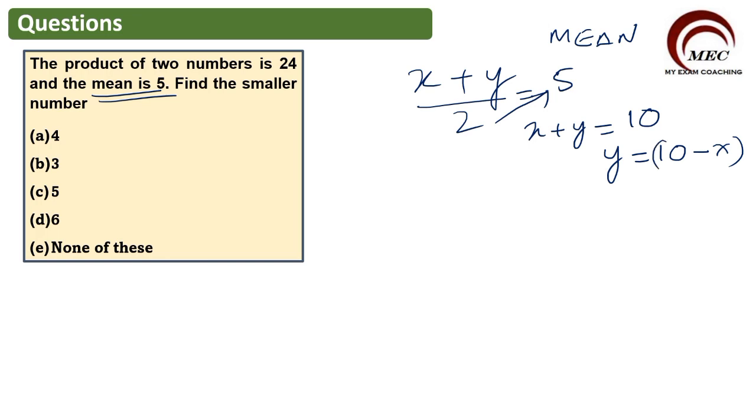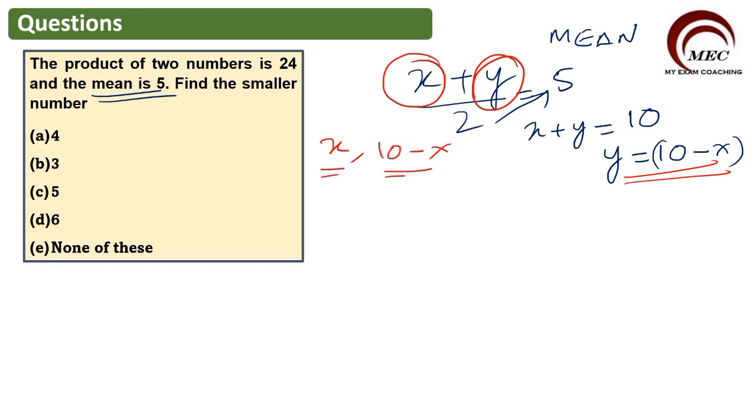So now the first number is x and the second number, in place of y, I can put 10 minus x. So we got two numbers, x and 10 minus x. What is given? Product of two numbers is 24. Product means x multiplied by 10 minus x is equal to 24.